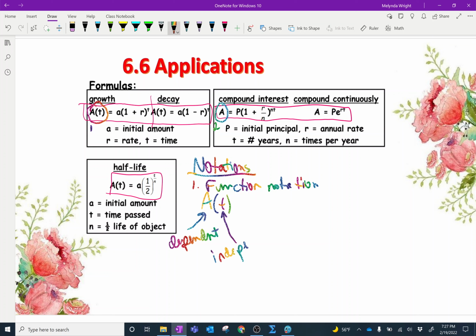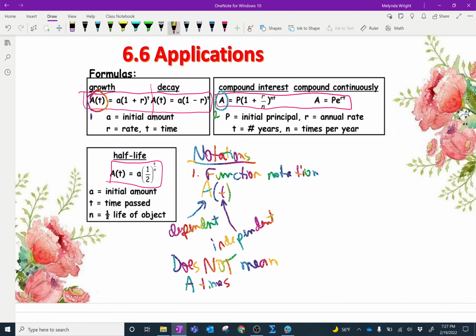So it actually names them in the notation. This does not mean A times T. It does not mean A times T. It's just a naming convention.